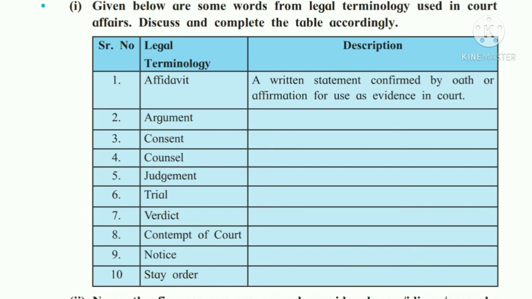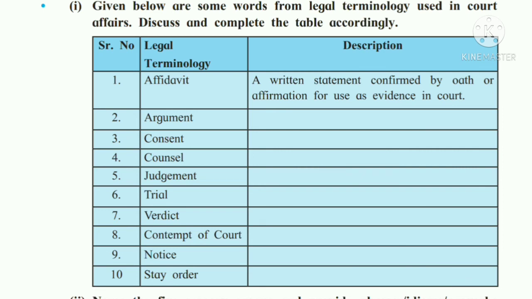And students, the last legal terminology, that is stay order. Stay order means it is the order given by the court not to do something, keep it as it is, no change. So finally the last term, stay order, we have discussed here, students. These are the legal terminology. We have completed the second icebreaker.